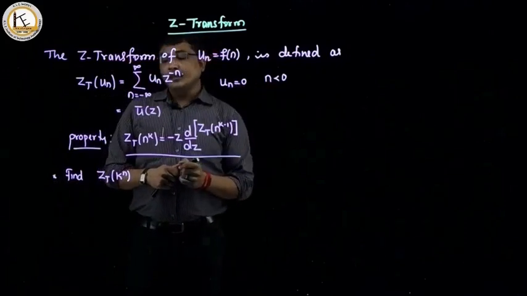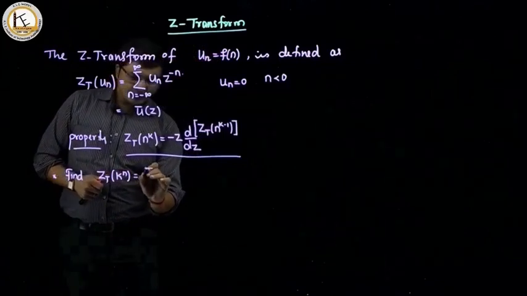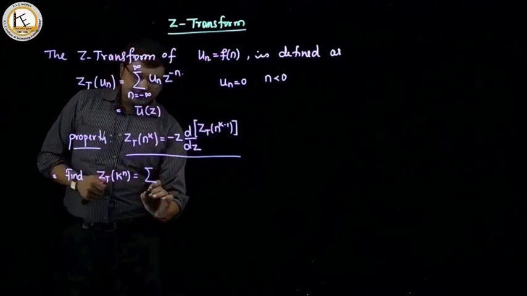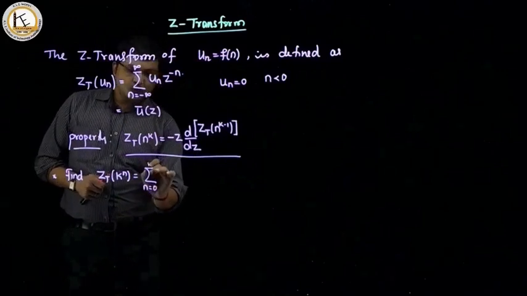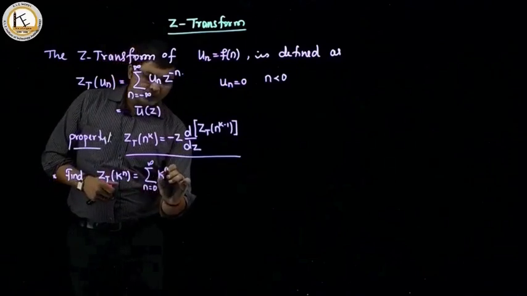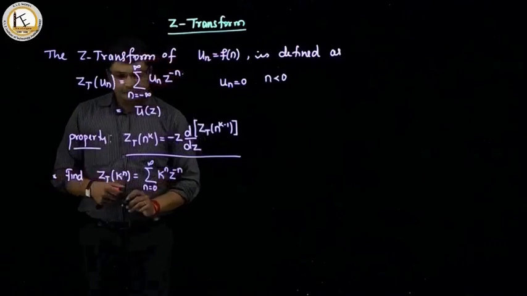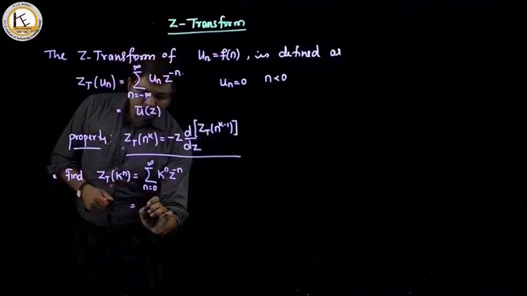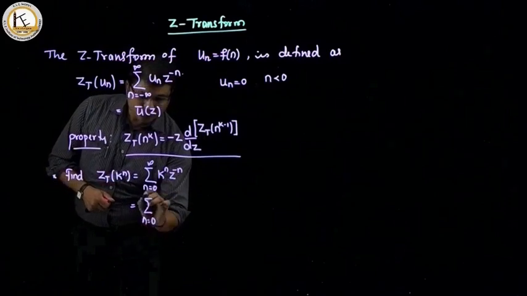Since u_n is 0 for all values of n less than 0, I am going to use the summation from n equal to 0 only. Taking from n equal to 0 to infinity, in place of u_n I have k raised to n into z raised to minus n.